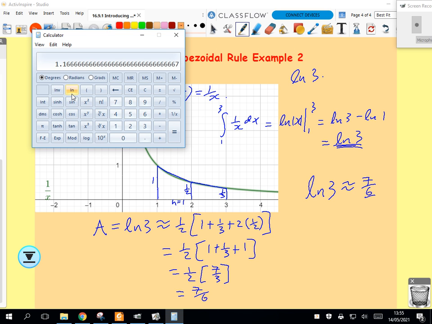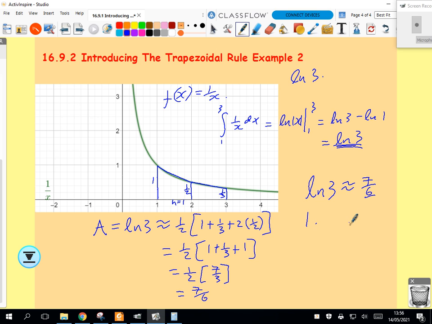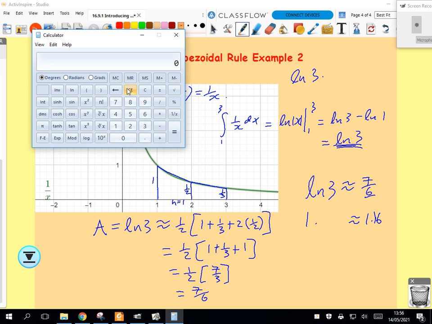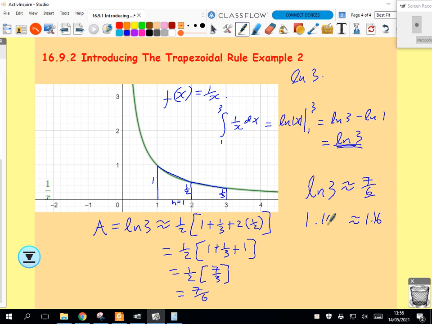And the 7 divided by 6 is about 1.16, I think. The natural log of 3 is about 1.10 actually.